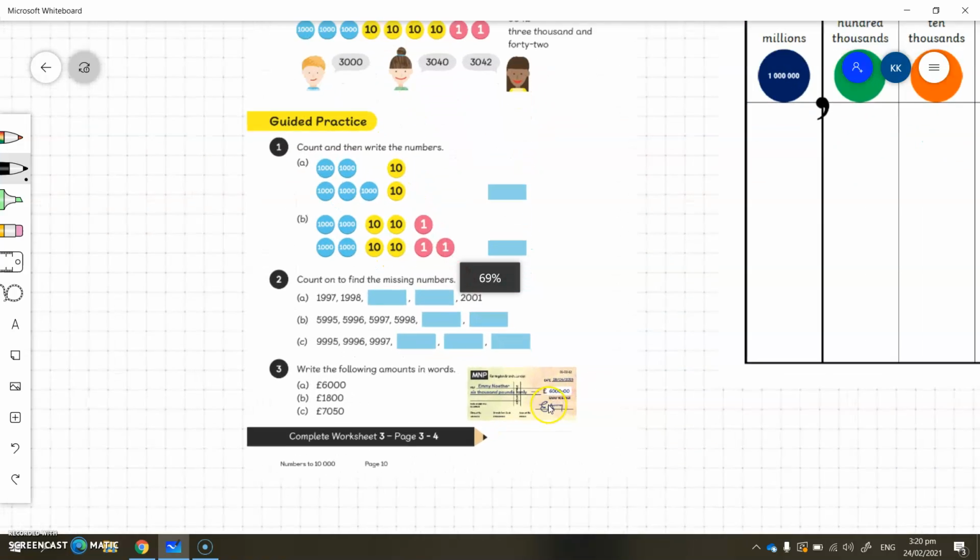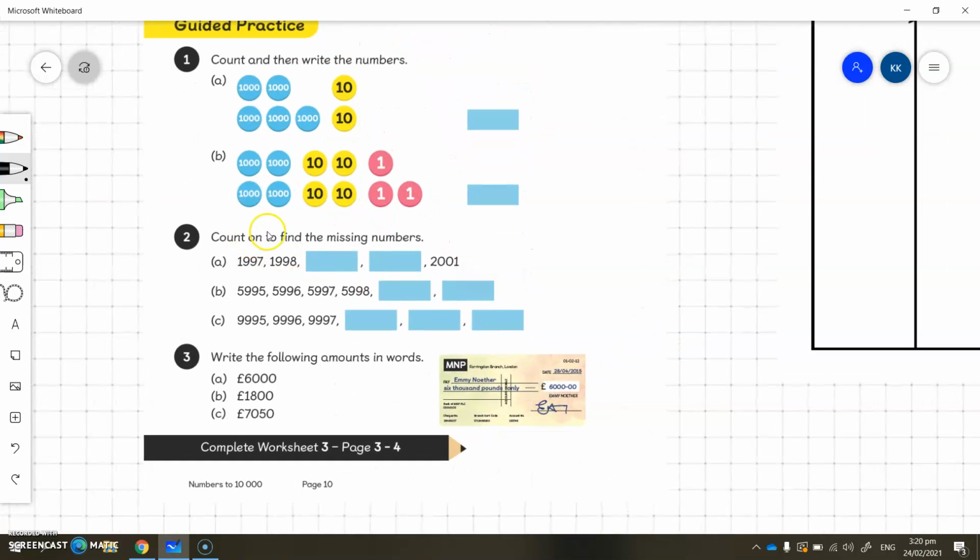Question 2 asks us to count on to find the missing numbers. When I think of count on, I think of continuing to count. So I notice this number here says 1,997. The next number is 1,998.